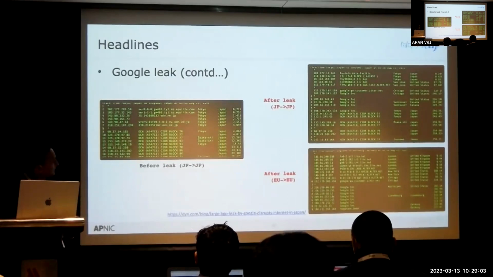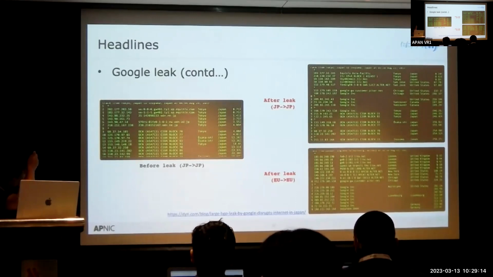You can see the latency has increased by 10 times, meaning the services are being affected. If you look at EU to EU, it's the same thing. The latency has increased significantly, over 10 times.